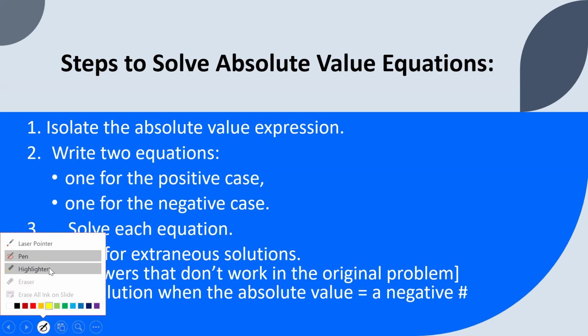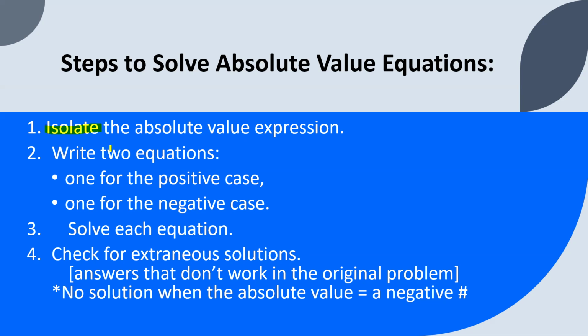Step 2 is write 2 equations. You're going to create 2 equations, one that has a positive solution and one that has a negative solution. Step 3 is to solve. And then step 4 is to check our work.